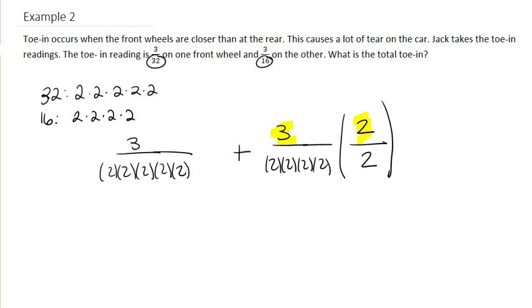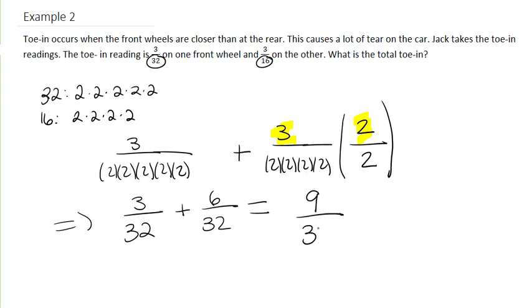So we have 3 over 32 plus 3 times 2, which is 6, over 32. Now we can add 3 plus 6, which is 9, and keep our common denominator of 32. This is our final solution to this problem.